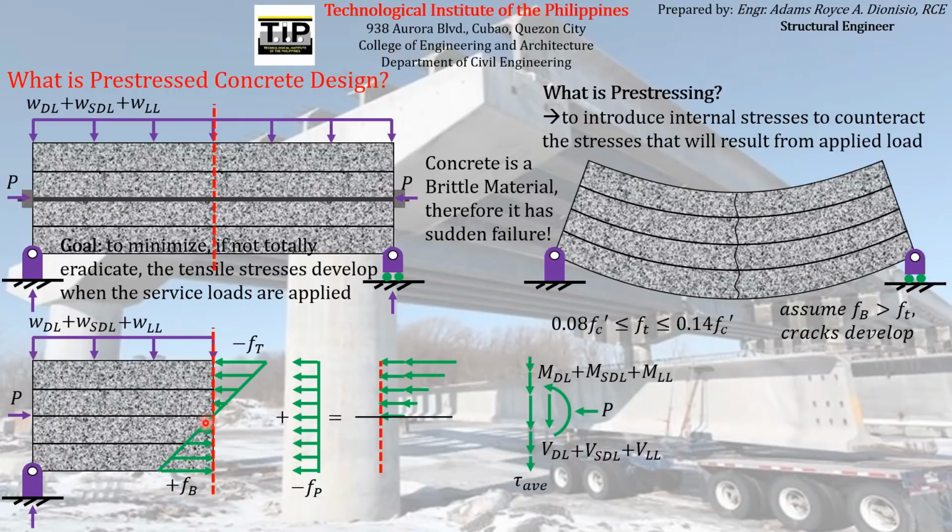But if we add the stresses acting below the neutral axis, since the stresses have opposite direction, they will counteract each other. So there will actually be a subtraction of stresses, not addition. For example, if we add this stress to this stress, obviously the resulting stress will be pointing to the right, kasi mas malaki ito eh.